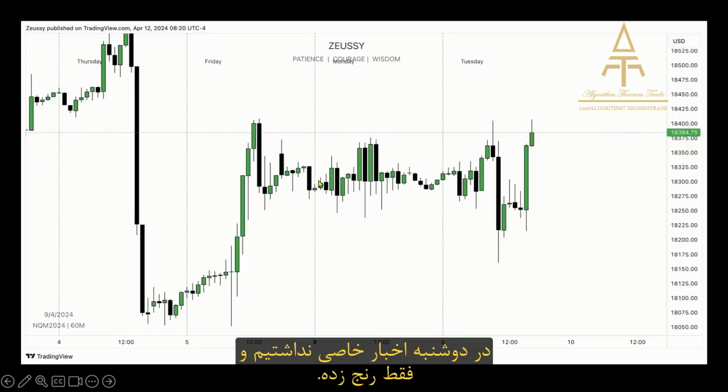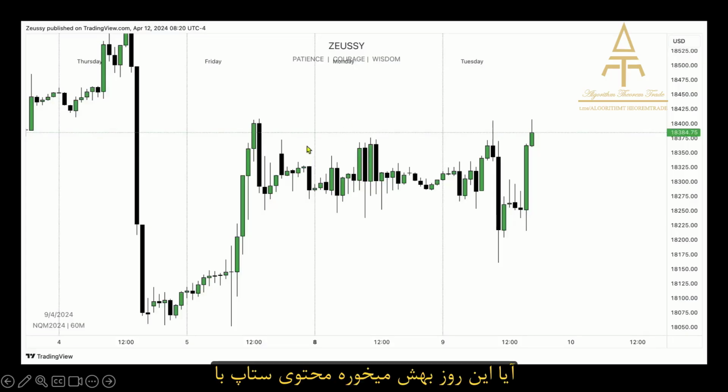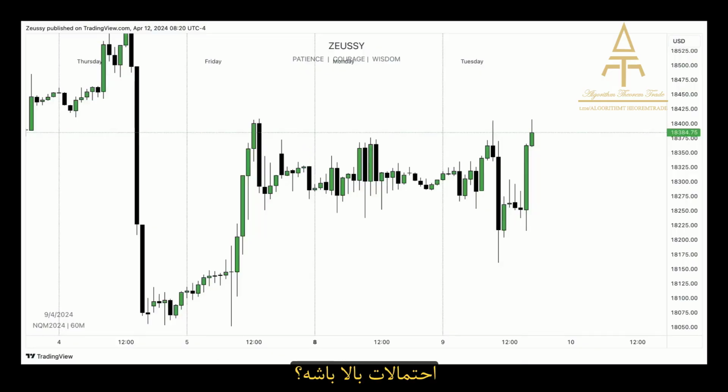What we can see is that on Monday there was no high impact news driver, and Monday just delivered sideways. Does this look like a day of delivery where there were any high probability setups, according to the model that I'm teaching you? No. Why not? Was there any higher time frame order flow present?